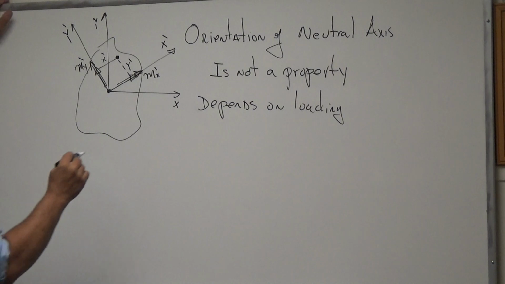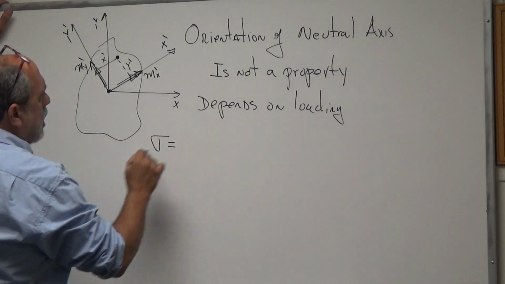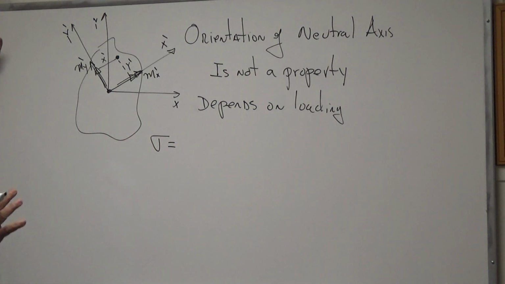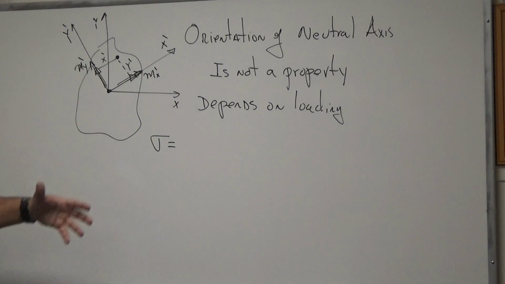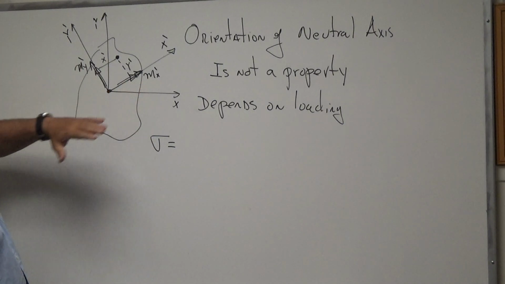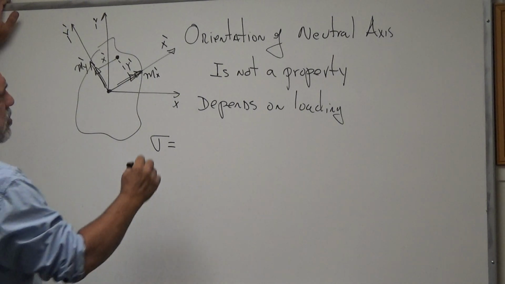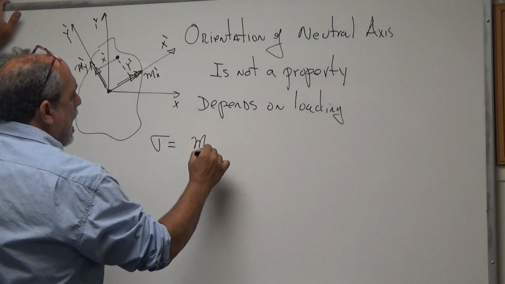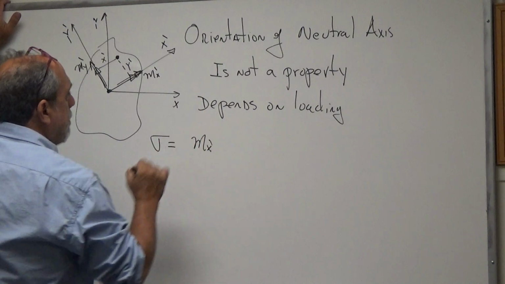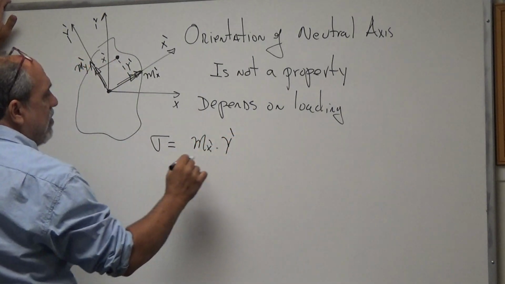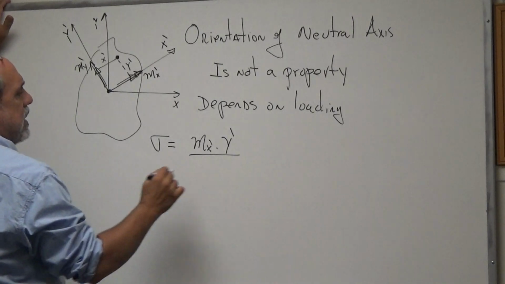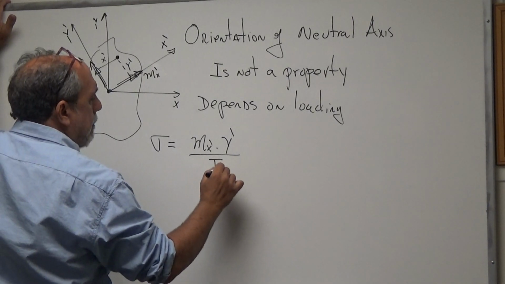So now, what is the stress at that point? Again, we look at these things one at a time, as if there was only one thing acting and then the other, and you add them together. So if only Mx was acting, the stress there would be Mx prime times y prime divided by Ix prime, right?